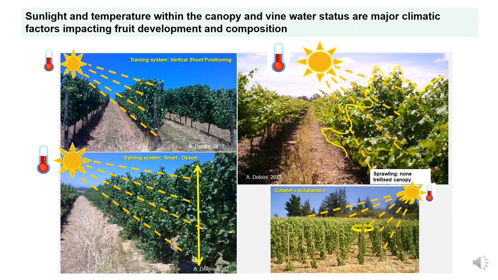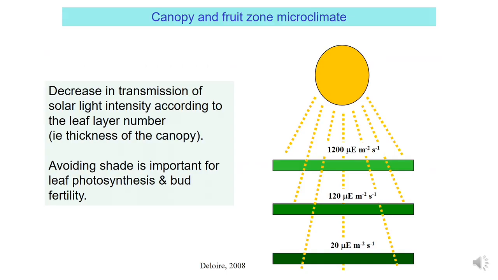Speaking about training systems, I just want to remind you that obviously sunlight penetration and temperature will play major roles in terms of vine functioning, as well as vine water status, which will play a crucial role in terms of vine functioning, berry development and composition. This figure is showing that the width of the canopy is important in terms of sunlight penetration.